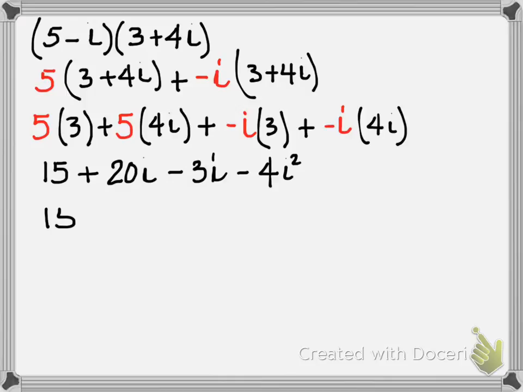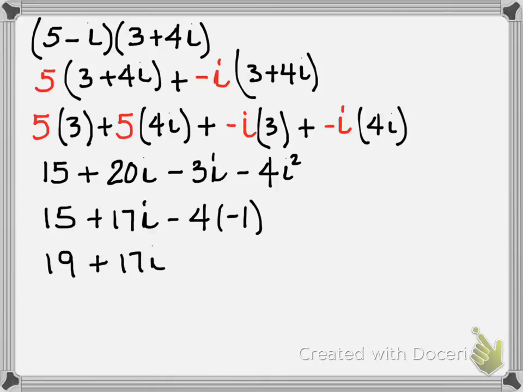As a result, we obtain 15 plus 17i minus 4 times -1. Remember, when I see i squared, I replace it by -1. Hence, I end up with 19 plus 17i.